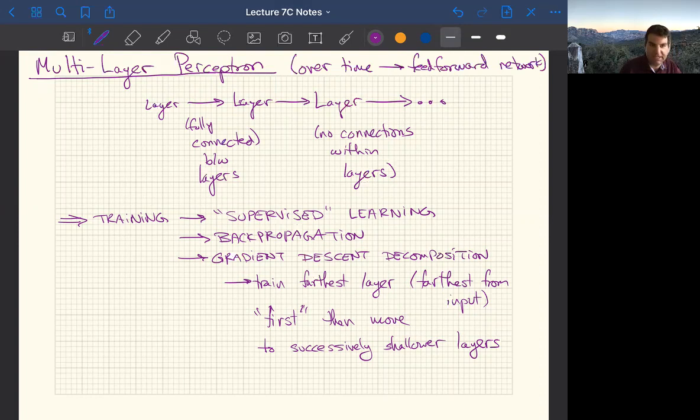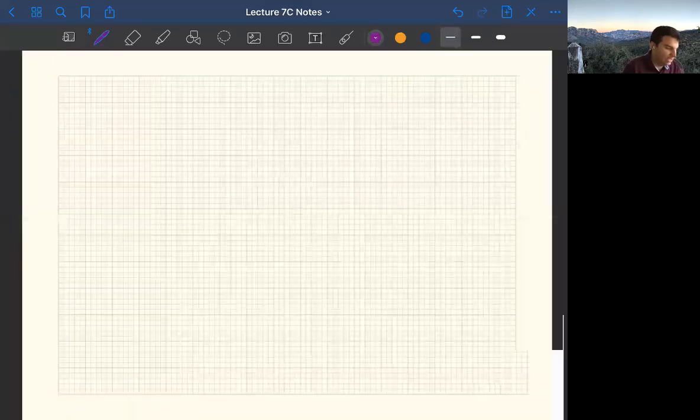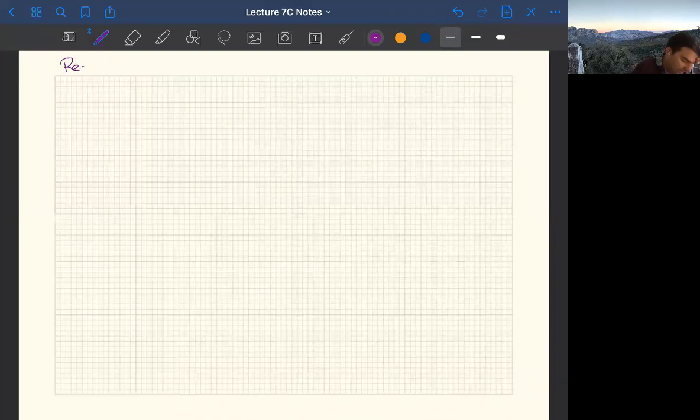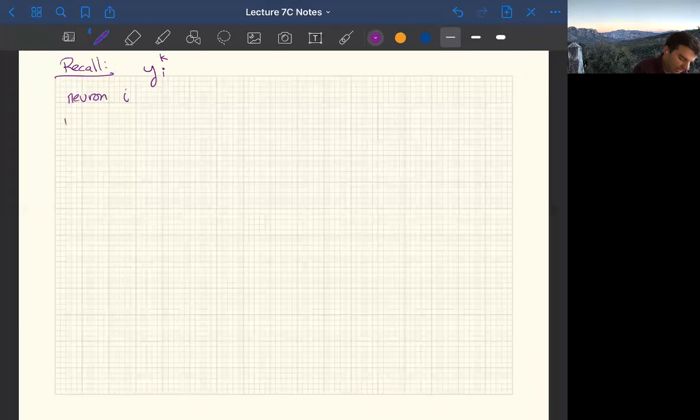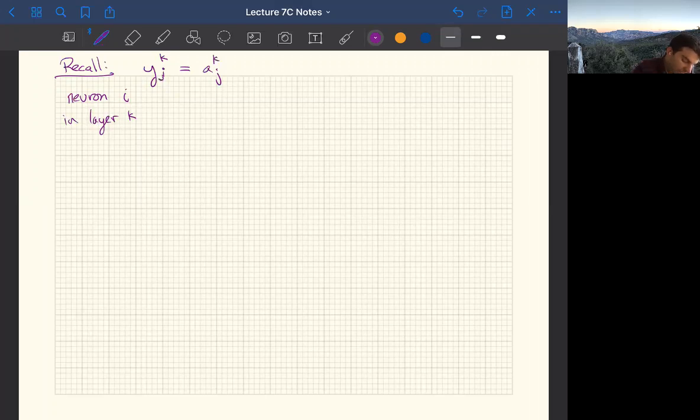we left off last time is we said that every single neuron has some activation function. So we can think of this as neuron J in layer K. Oh, I'm sorry, I meant neuron J. Let me clean that up a little bit.